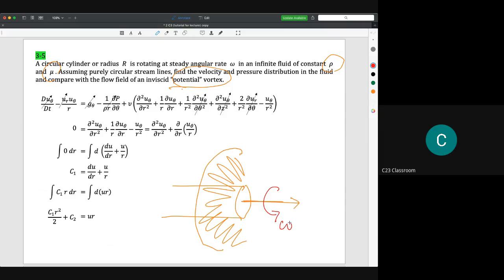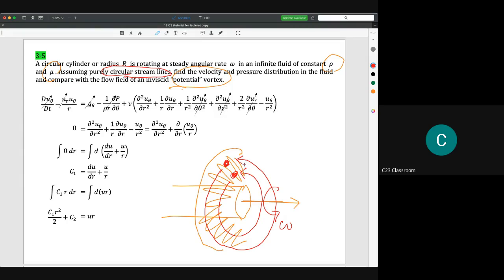Then assume purely circular streamline. What is the meaning of purely circular streamline? It means if you have a molecule here, we assume this molecule will rotate purely in a circular shape. Another molecule here will flow in a circular shape too. All particles rotate along their own streamline path, so they do not cross each other.